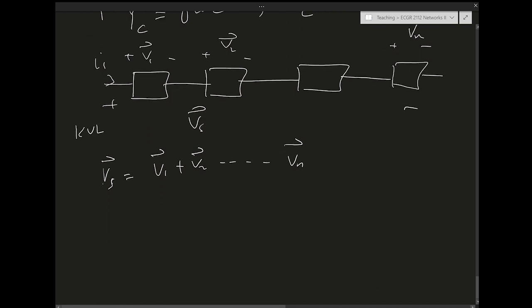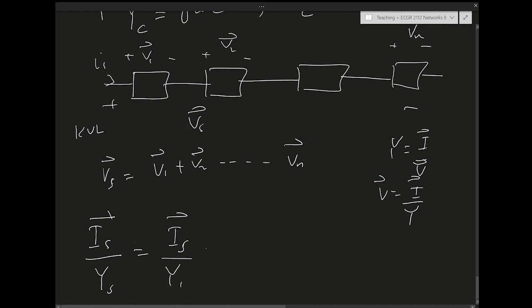Using admittance, we said admittance equals I over V, right? So V equals I over Y, right? So V_S is going to be I_S over Y series, the equivalent admittance, which equals V1, which is going to be I1, which is the same as I_S, the currents are the same, over Y1, plus I_S over Y2.